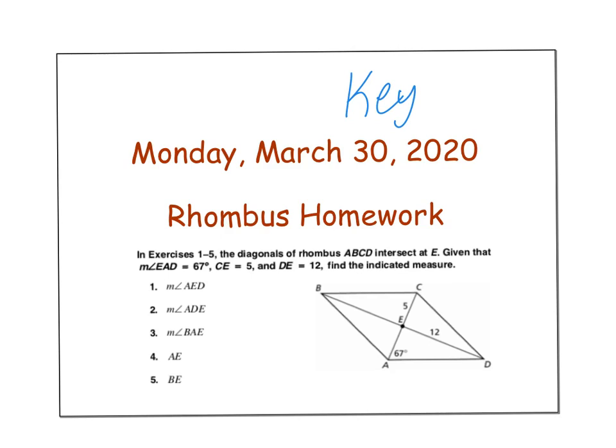So before I do that, I'm going to label everything I know about a rhombus. I know that the diagonals intersect perpendicularly, so they're all 90 degrees.